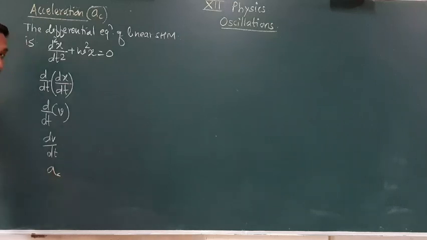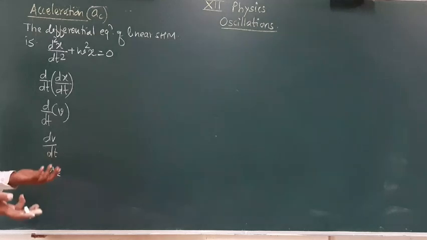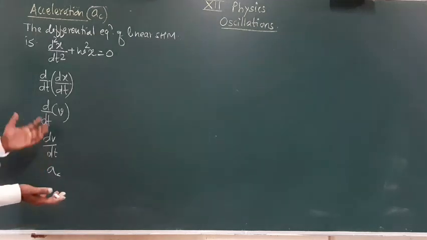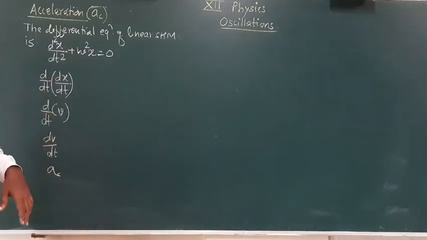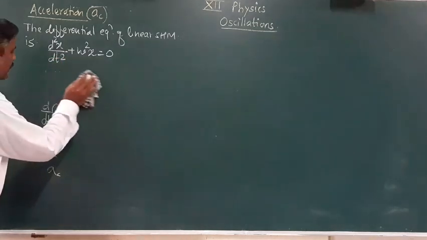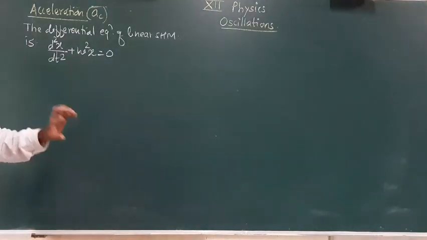So now it will be very simple. d2x by dt square means my acceleration. Acceleration means the double derivative of displacement with respect to time. Acceleration means the single derivative of velocity with respect to time. So d2x by dt square plus omega square x equals 0, and this d2x by dt square is nothing but my acceleration.